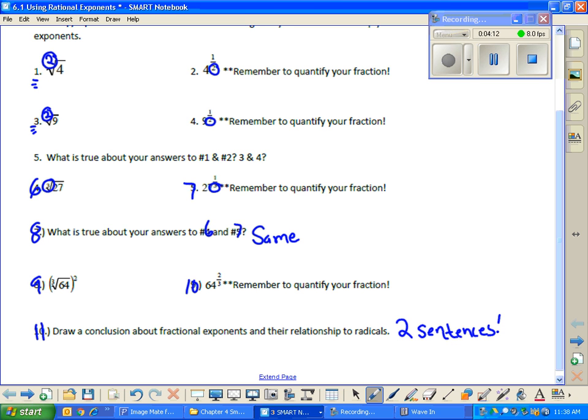The denominator of my fraction still corresponded to the index of my radical, so the root that I took. However, what you may have noticed is that now, we have an exponent. Well, this exponent just matched the number that was the numerator in my rational exponent. So hopefully you picked up on that a little bit too.